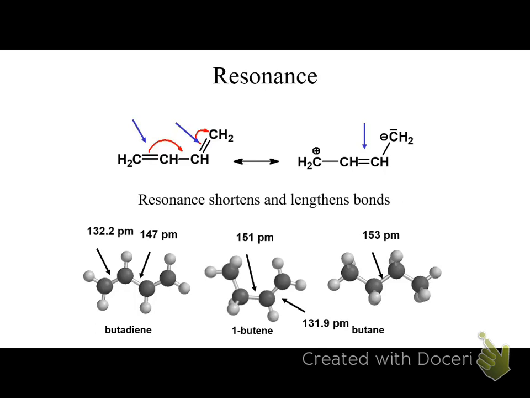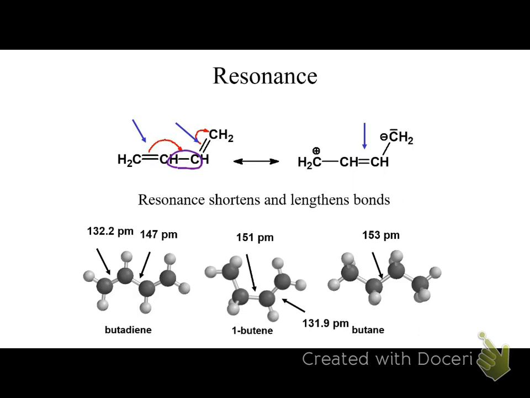We even see it in structures like butadiene. That's the name of this structure, 1,3-butadiene. If you look at butane, now butadiene has a single bond right in the middle here.